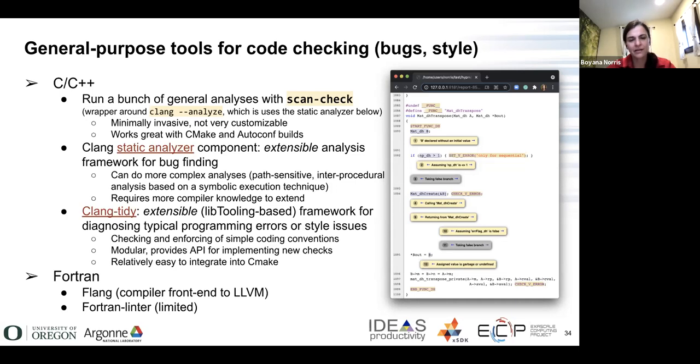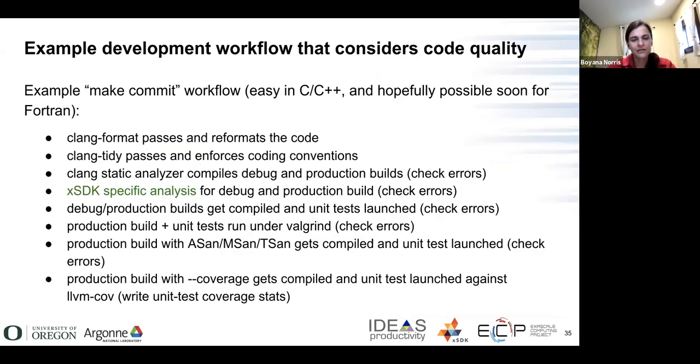And then there's Clang Tidy, which is a little bit less global, but very easy to extend. We're developing some examples to help people do their own analysis. Fortran is behind as usual. There are some tools out there, and we also work on adding to that. So here's an example commit workflow that you may already follow.